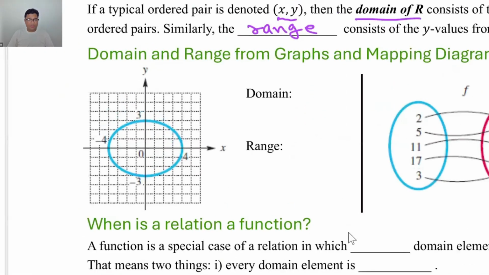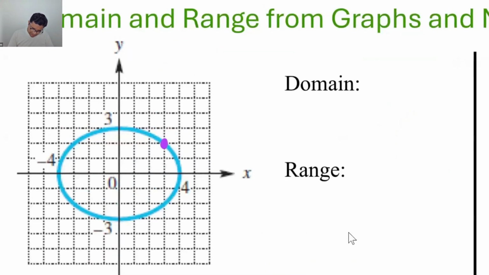There are x values and y values. If you follow that graph, let's say I choose this point, it has an x value and y value: 1, 2, 3, 1, 2. So this is 3 comma 2. The input, the x value, is 3, and the y value is 2. Like that, every point gives you one input and output. So it is a relation.